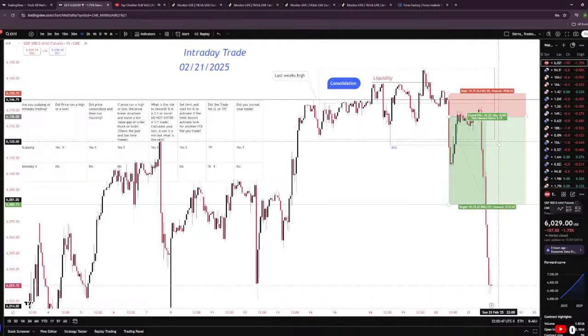So this risk to reward ratio, I would lose 14 points, which is $14 on my broker, and I would gain $55 or 55 points.